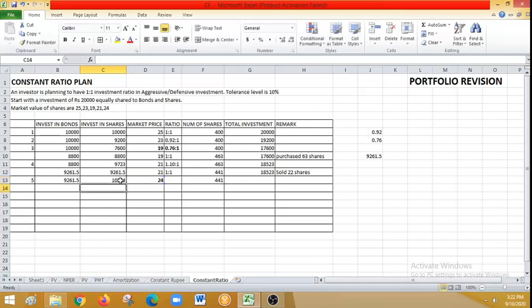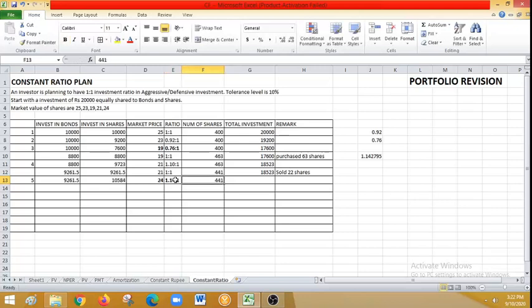Let us consider what the ratio is. 10,584 divided by 9,261.5. I am just dividing the equity by bonds, that's all. 10,584 divided by 9,261. So how much? 1.14 is to 1.